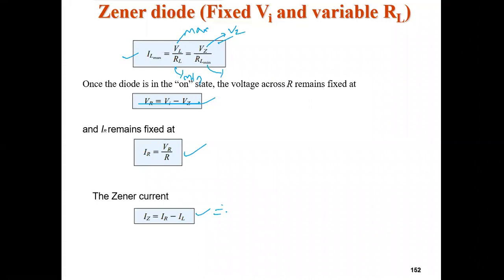Sir, here is the IL that you wrote IL max or IL min? No, here I have not written any maximum or minimum. This is normal for anything, because the current divides here. This is the resistor, here it is zener, here it was RL. So this was your IL, this was your IZ, and this was your IR.